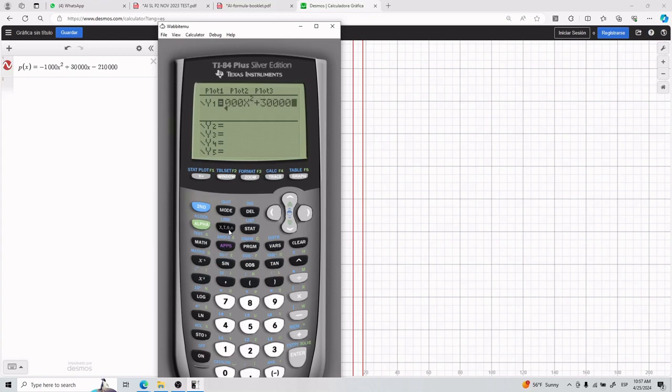So just so you guys finish getting convinced, 210,000. I'm going to change my window a little bit, so I'm going to say x min is 0. My max is going to be 30 because at x equals 15 is my max, right? And my y max is probably going to end up being really, really big values. I'm just going to put whatever, let's work from here for now. So we're going to graph this.